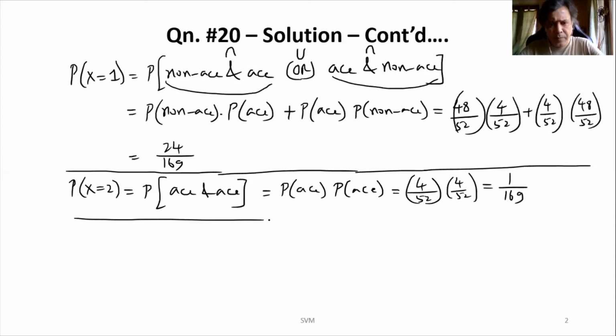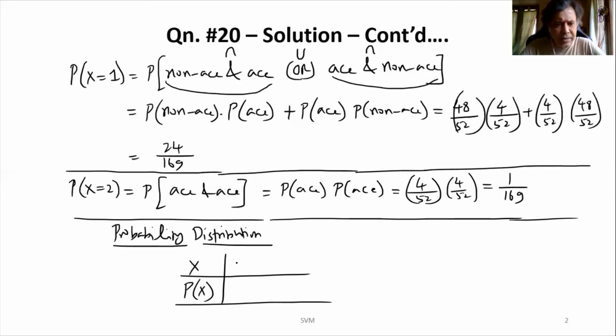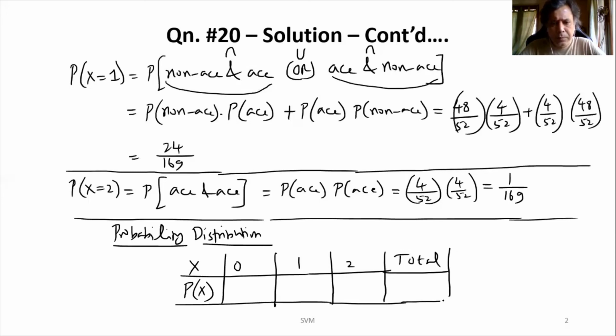Therefore, the probability distribution will be as follows. I will write X, then the probability of X. X takes the values 0, 1 and 2, and then I can have one more column for the total.